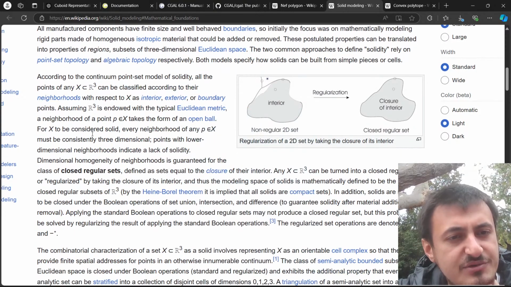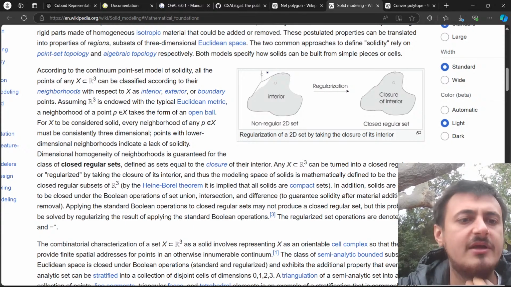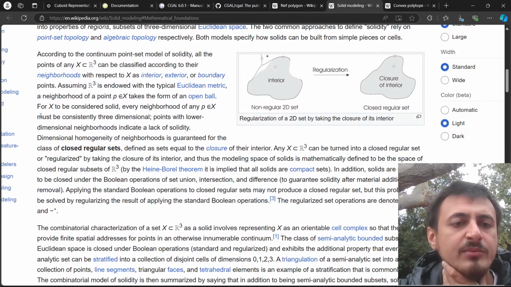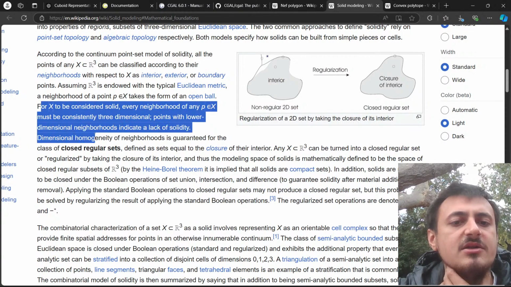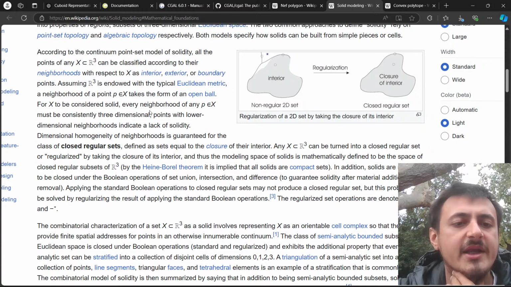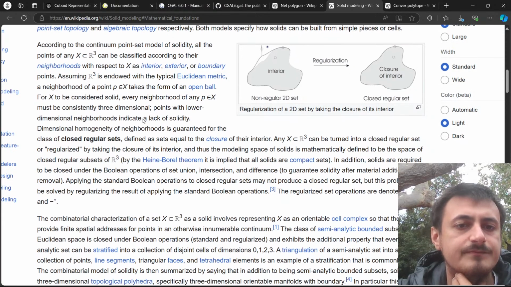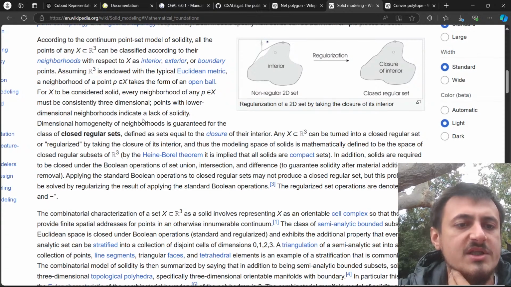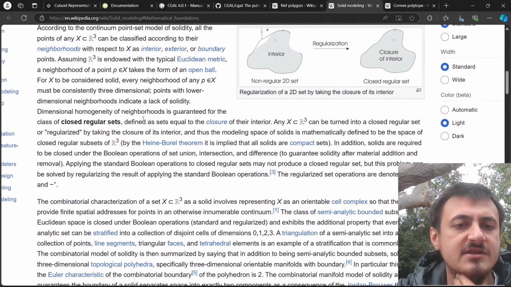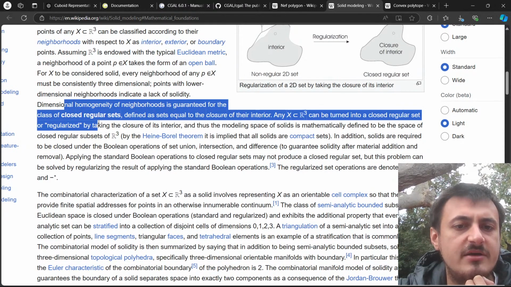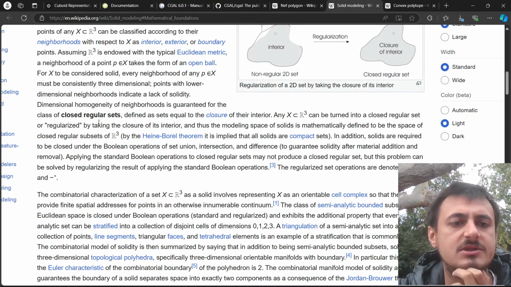Assuming R3 is endowed with the typical Euclidean metric, a neighborhood of a point p in X takes the form of an open ball. For X to be considered solid, every neighborhood of any point in X must be consistently three-dimensional. Points with lower dimensional neighborhoods indicate a lack of solidity. Dimensional homogeneity of neighborhoods is guaranteed for the class of closed regular sets.